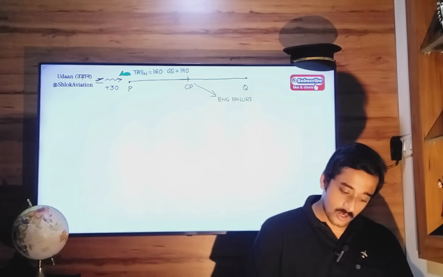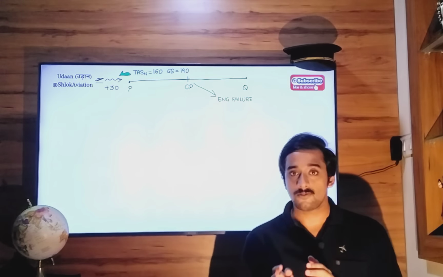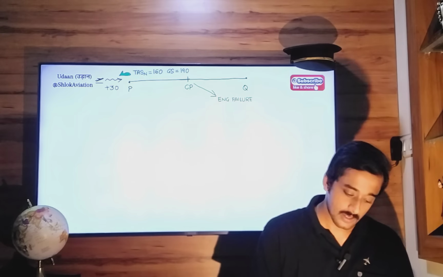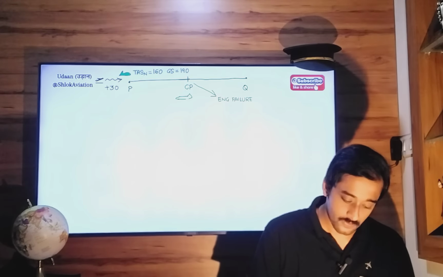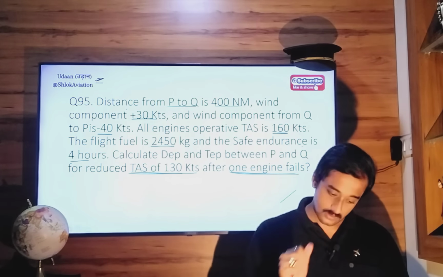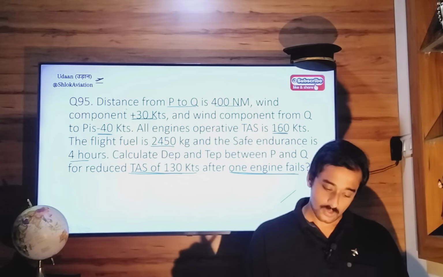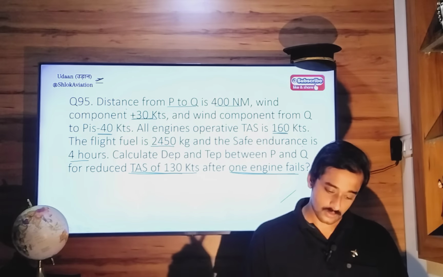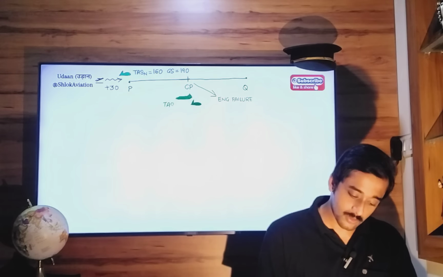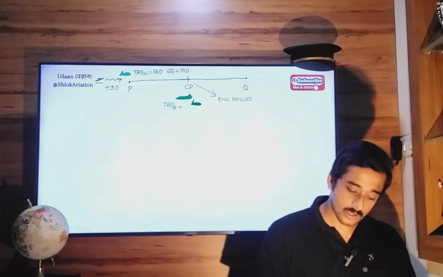So when your engine fails at critical point, you have two options: continue to your destination or come back to your departure airport. Reduced true airspeed will be 130 knots.